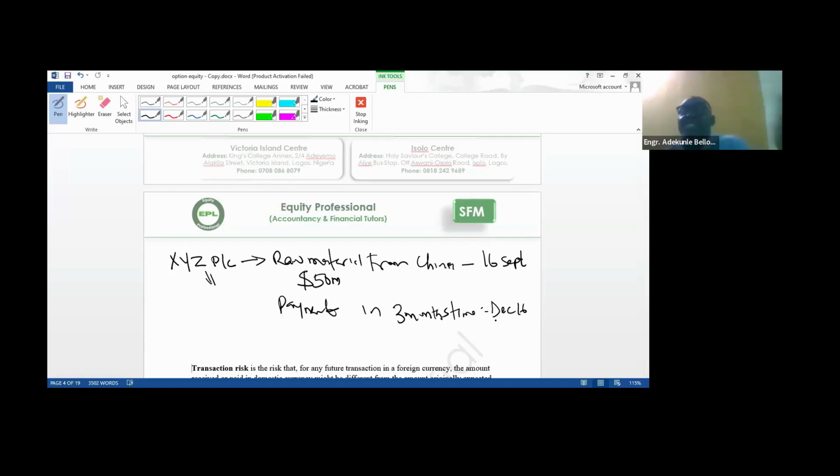Because of the differences in time, assuming you are making your payment today, assuming you are going to pay the dollar today, we can determine the exchange rate today. But you are going to make the payments in 3 months' time. What the exchange rate will be between naira and dollar in 3 months' time, we are not sure.